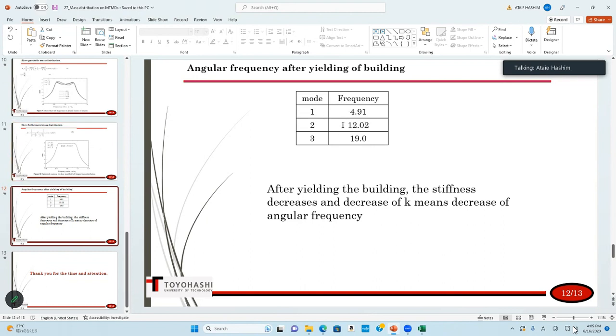It needs a little more searching, for example, after yielding, by what percentage the stiffness decreases. In that case, we can choose a frequency for that and design a TMD for after yielding.